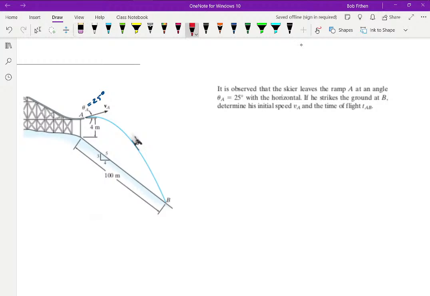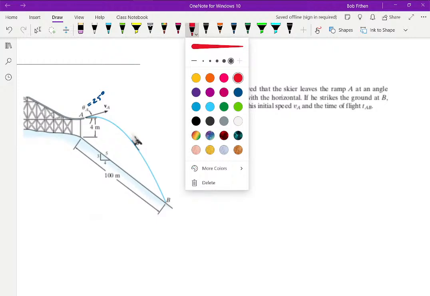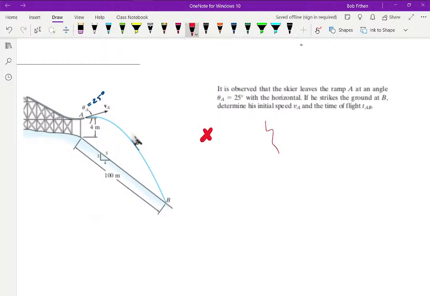So you can just go back to the same concept. Let's make it a little smaller. All right. So x is equal to x naught plus vx naught t.